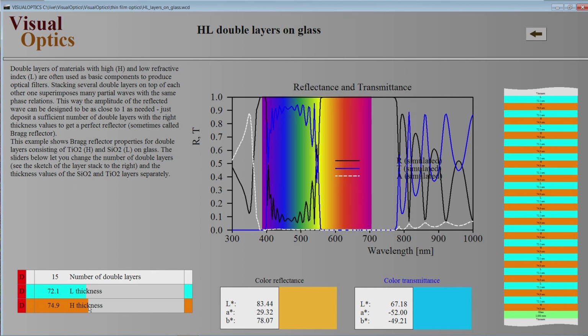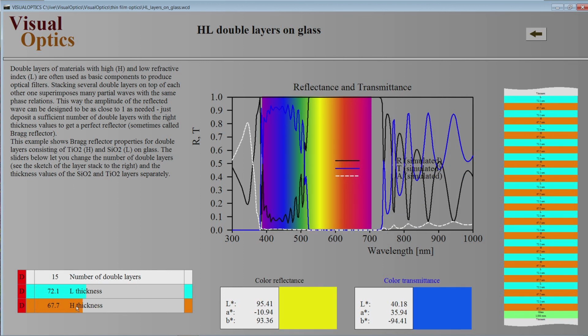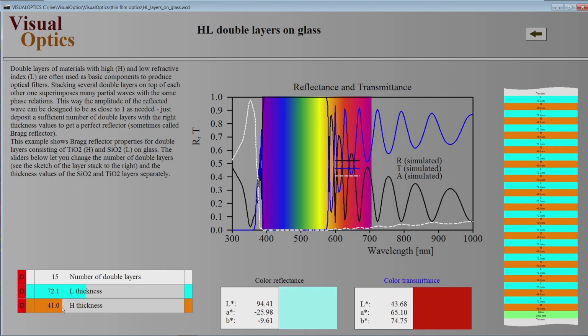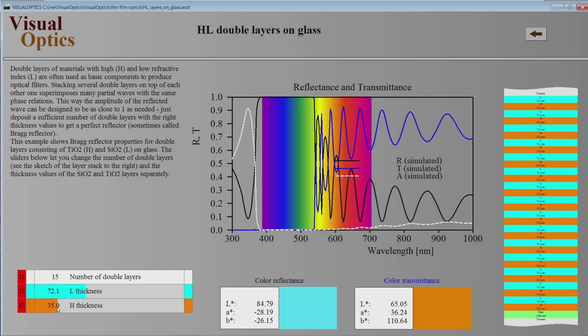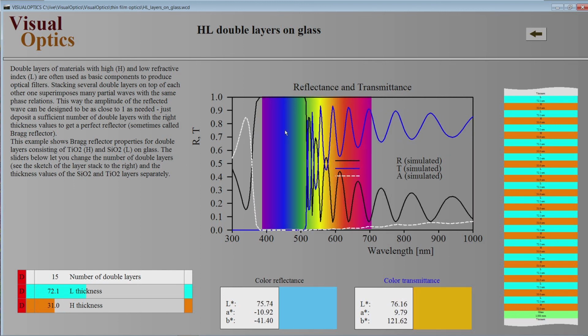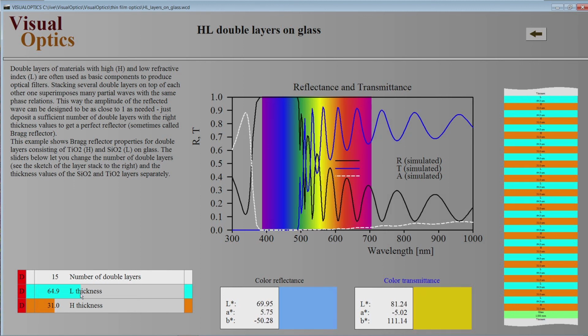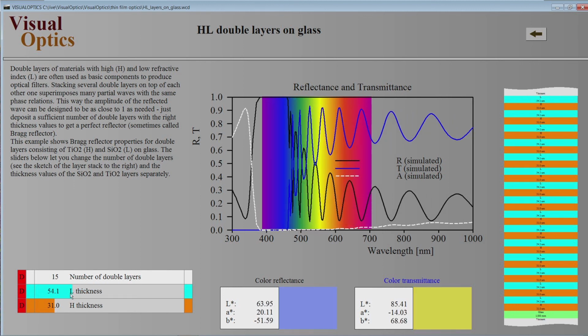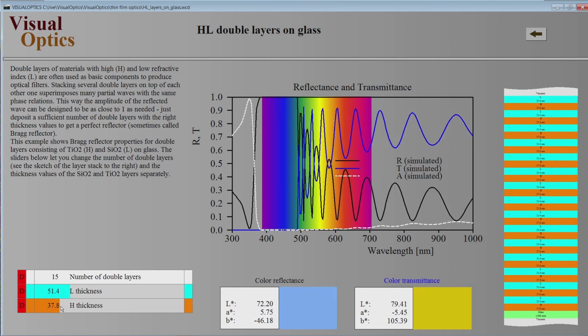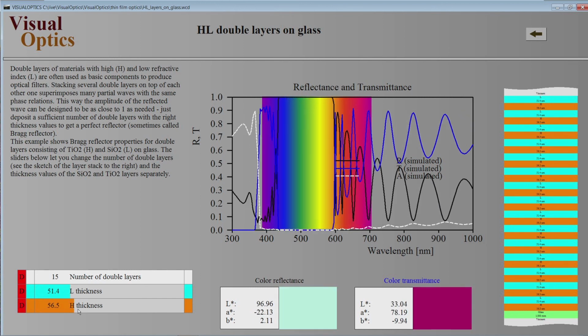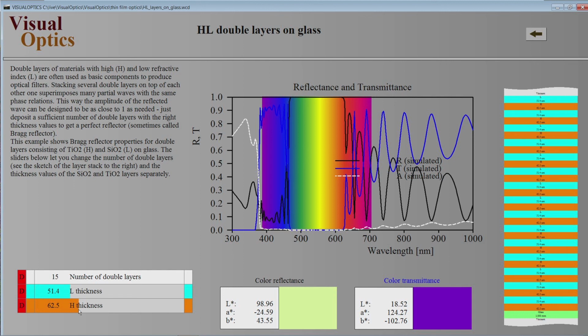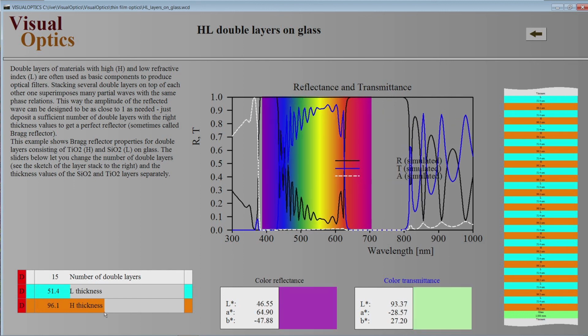I can shift that to any wanted color or wavelength, and so I can make a reflector for the blue light. And with the thickness, I can tune the width. I can shift it to the green light, to the red.